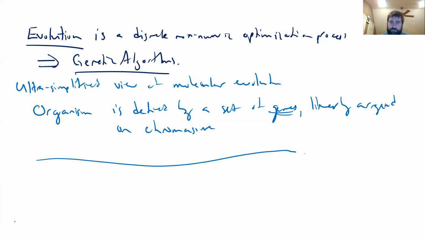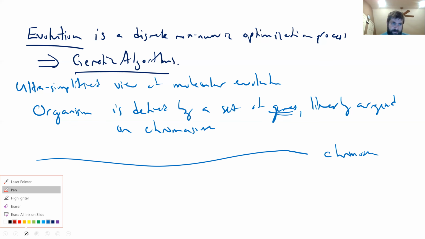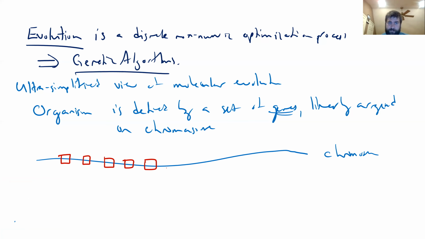We have some long chromosome, and arrayed along this are individual genes, right? This is point 1. It describes the structure of how genetic information is stored.